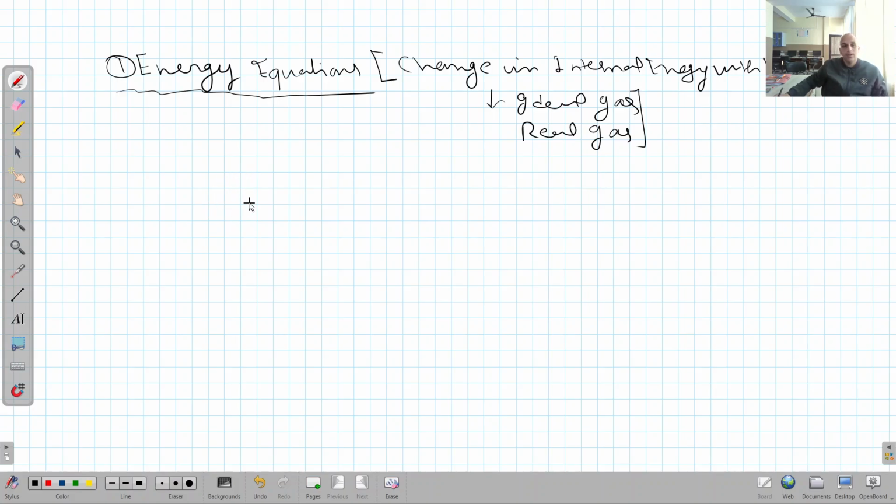We know from the first law of thermodynamics, dq is equal to du plus pdv. Clear? Second law of thermodynamics, dq is equal to tds. So from this, I got tds is equal to du plus pdv.